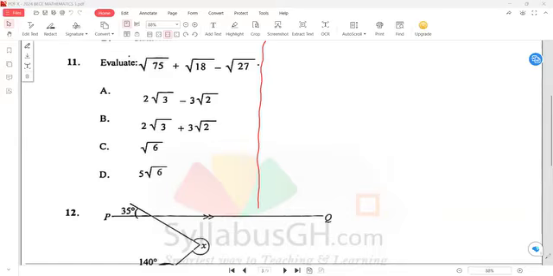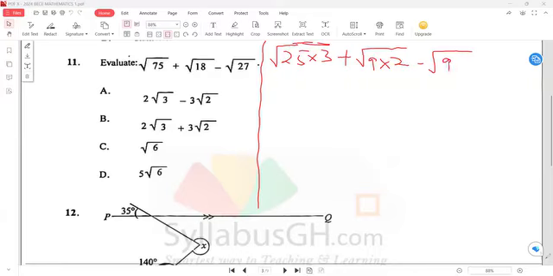What do we use to reduce the surds? We look out for a perfect square or a square number that can divide the numbers in the surd without a remainder. So if you look at 75, we can get 25 times 3. Then if you look at 18, we can get 9 times 2.